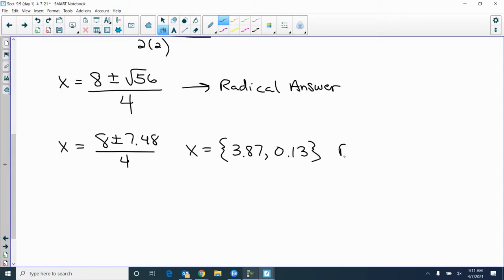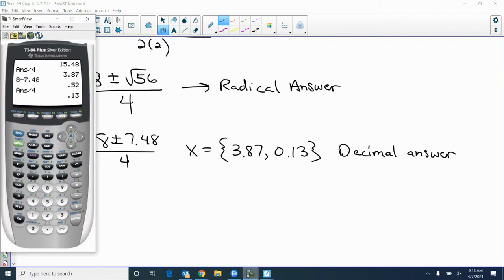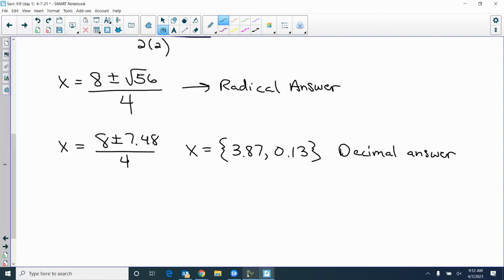And that's your decimal answer. Okay, that's your decimals. I got 0.04. For the second one? Oh, never mind. I did 7 minus 8.4. Okay, all right, so there we go.